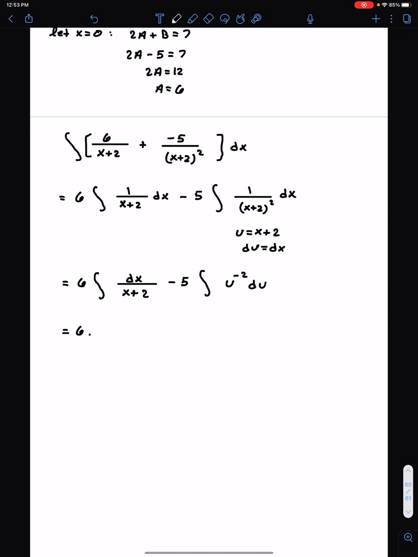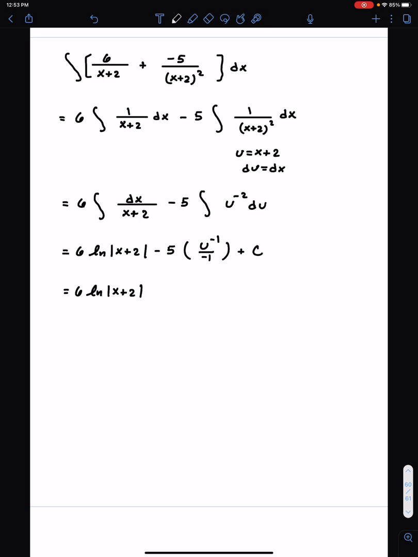So this is 6 natural log absolute value of x plus 2 minus 5 times the power rule, u to the negative 1 over negative 1, plus c. So 6 natural log absolute value of x plus 2 plus 5 over u, and instead of u it gets replaced with x plus 2, plus c.